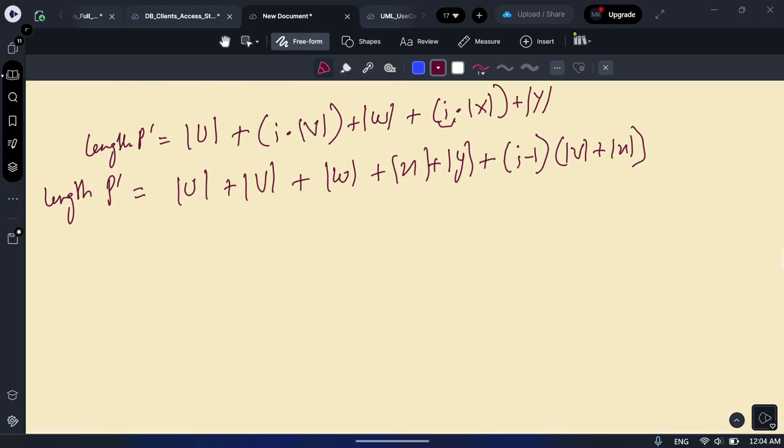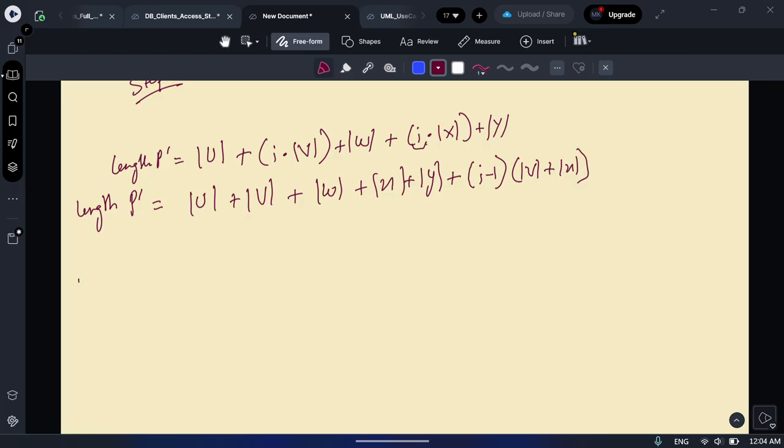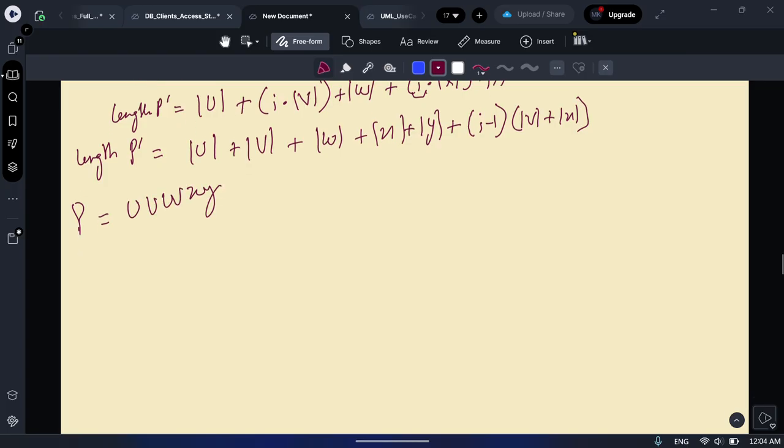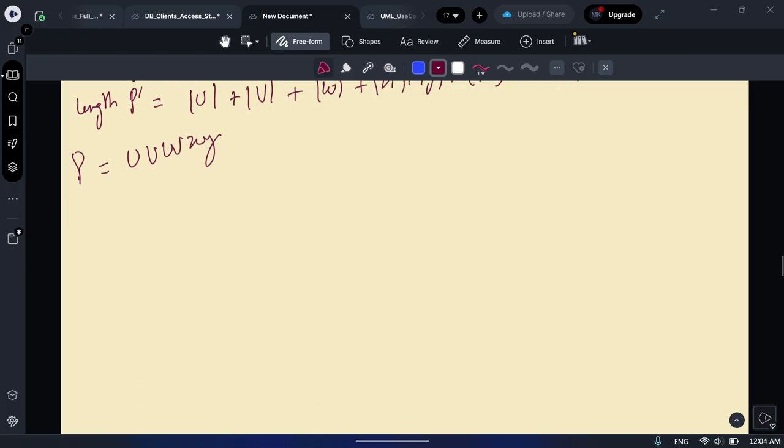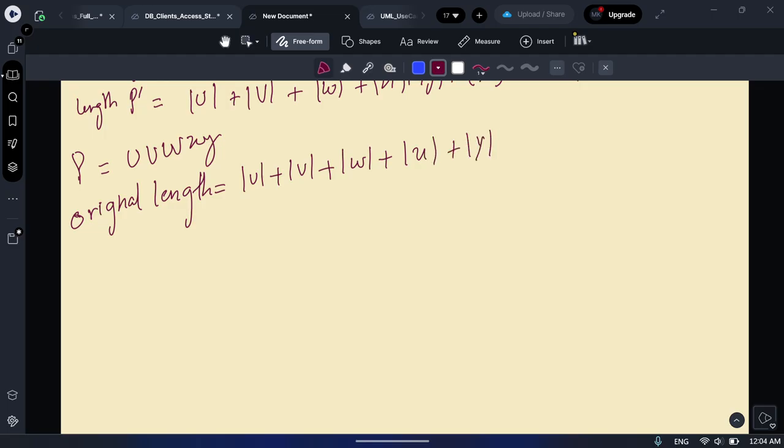Now, let's try to understand this visually. Let's look at our string. Say P is equal to UVWXY, and the original length is the length of U plus the length of V plus the length of W plus the length of X plus the length of Y, right?